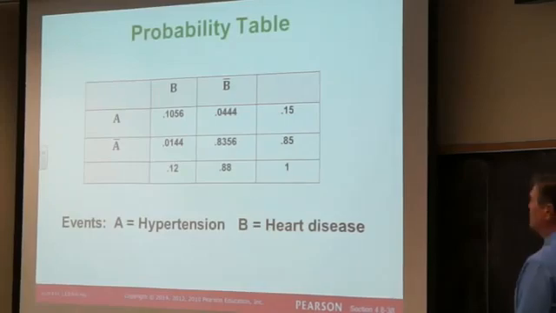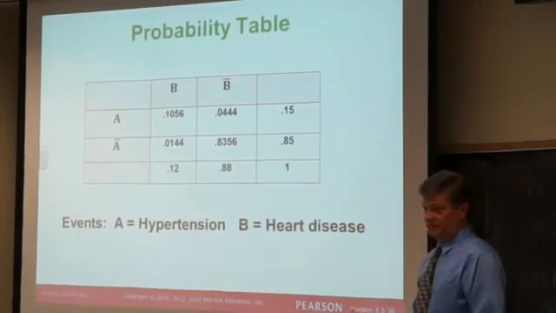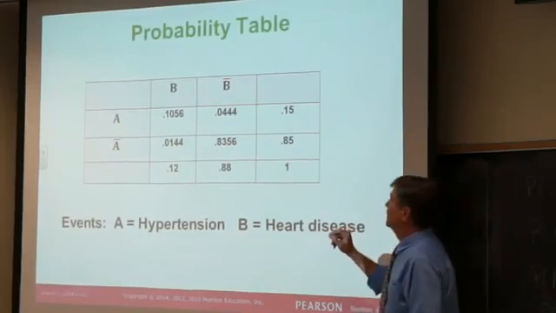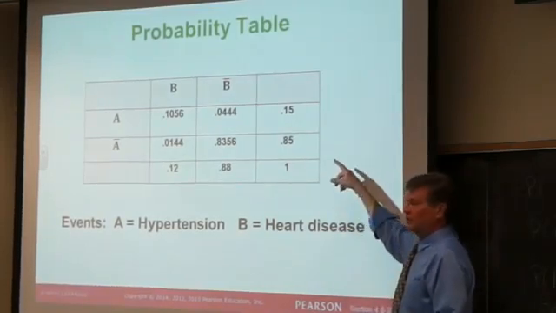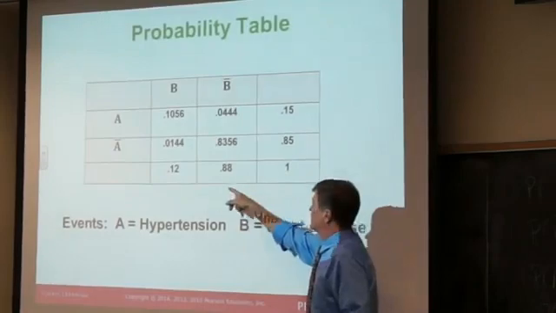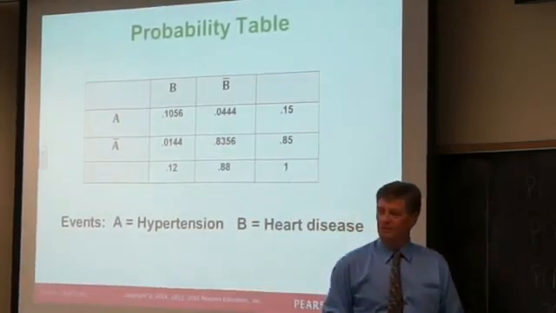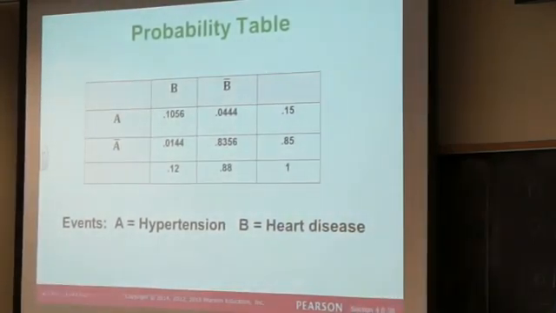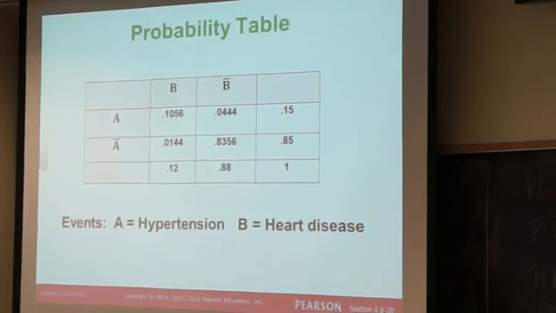I translated those into probabilities just by dividing, normalizing. And I've got my marginals on the outside, and I've got my joint probabilities in the middle. So let's draw a probability tree, and I'm going to start with A. So I'm going to go with A, then A bar.